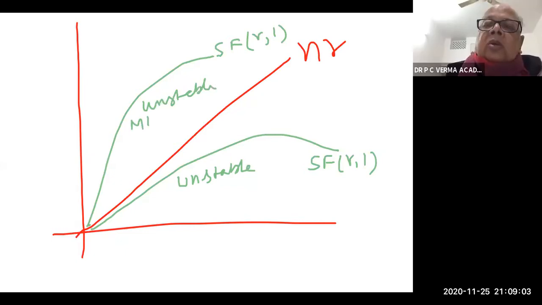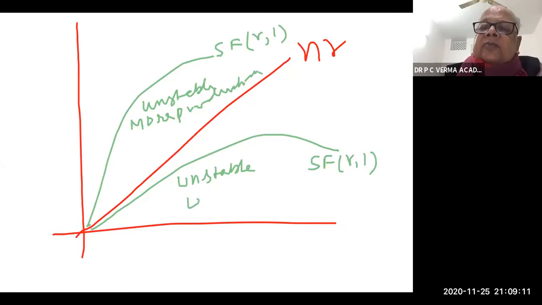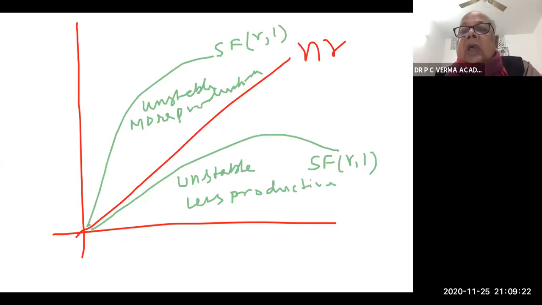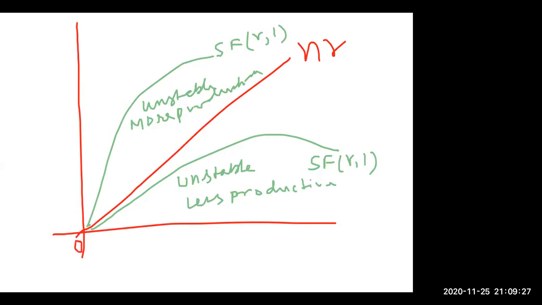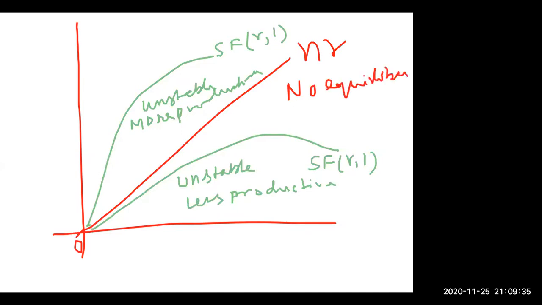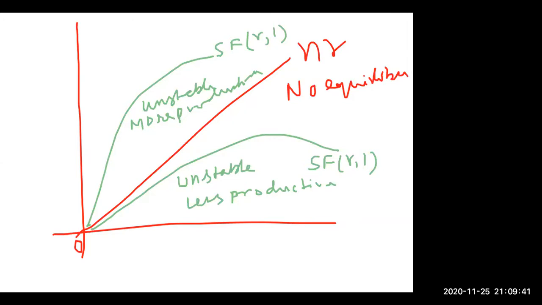Here more production, and here less production, but no equilibrium.